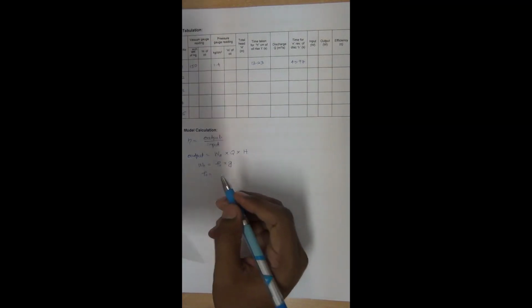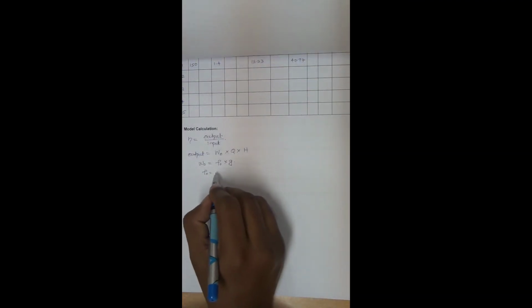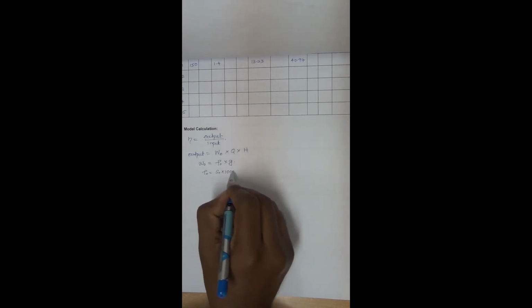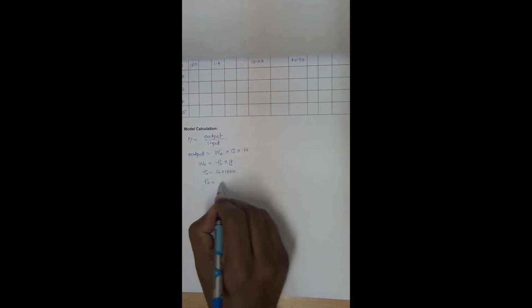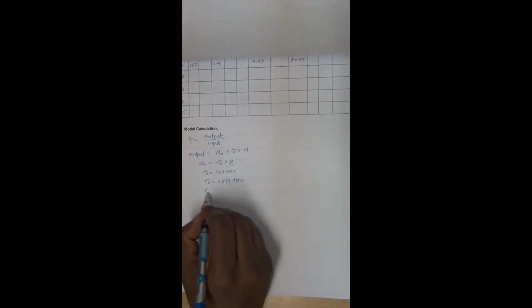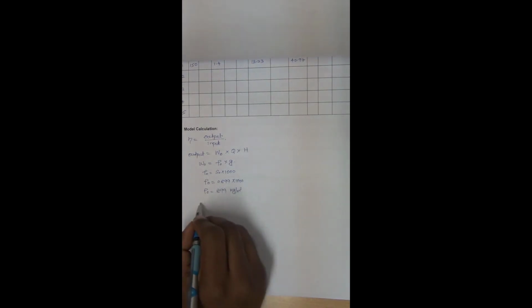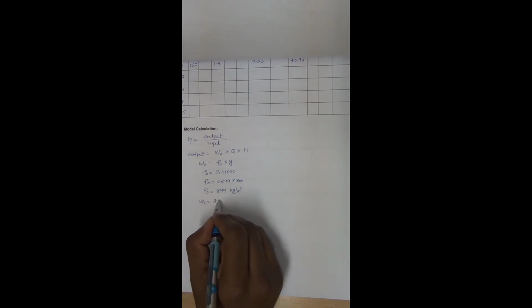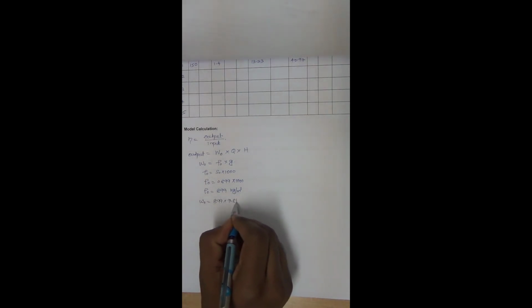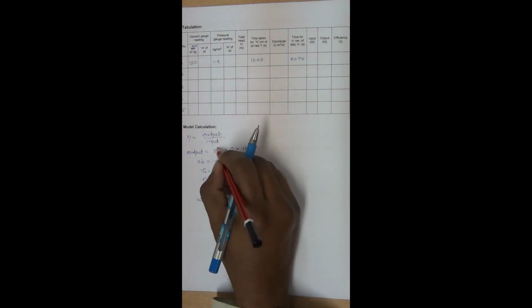For calculating rho of oil, we have the specific gravity of oil, S_O, as 0.899. So rho_O is S_O into 1000, which is 0.899 into 1000. Rho_O equals 899 kg per meter cube. Therefore W_O is equal to 899 into 9.81, and we will get the answer in Newton per meter cube. So the first parameter is over.